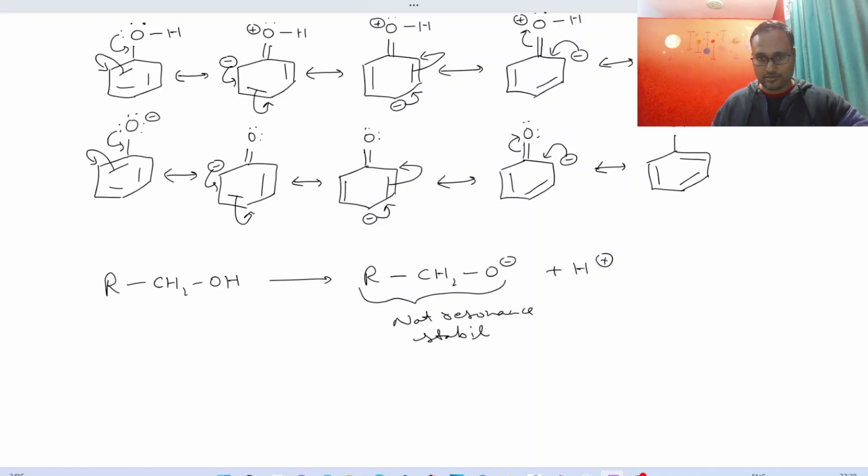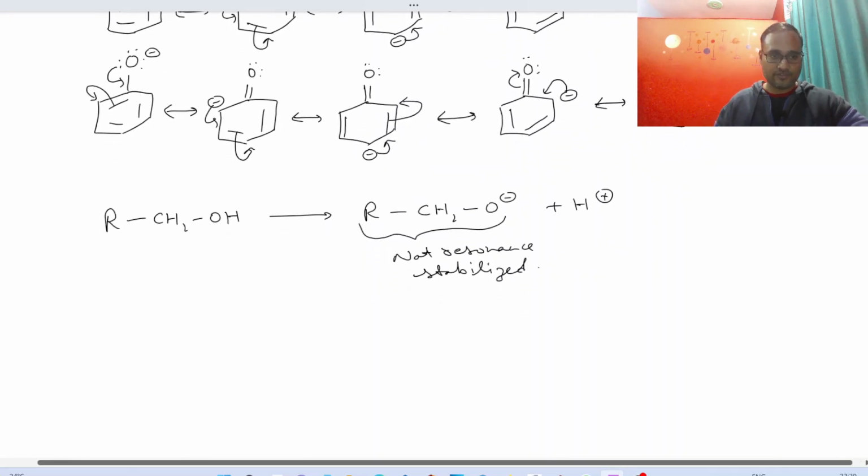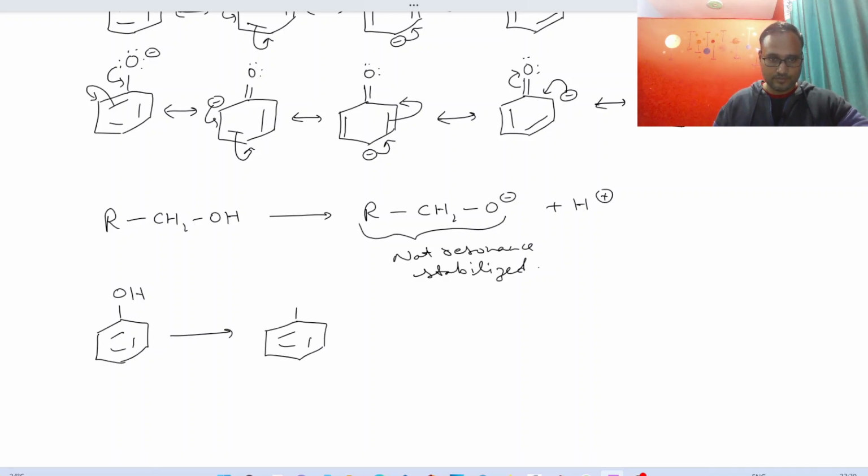Whereas in case of phenol, the dissociation gives the phenoxide ion, O negative plus H positive.